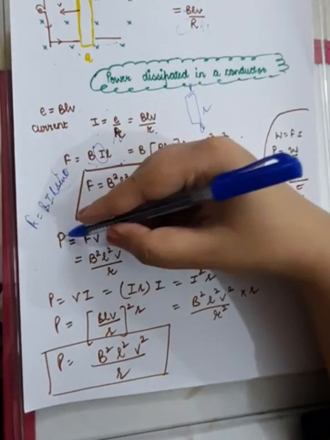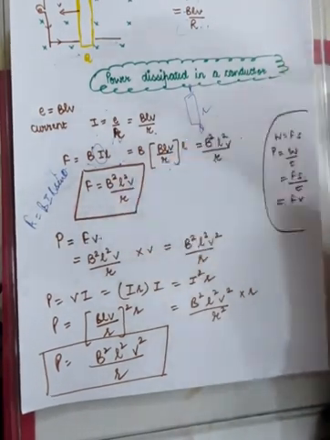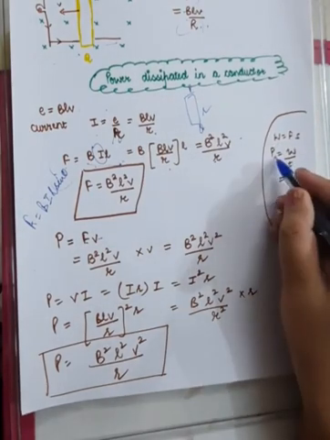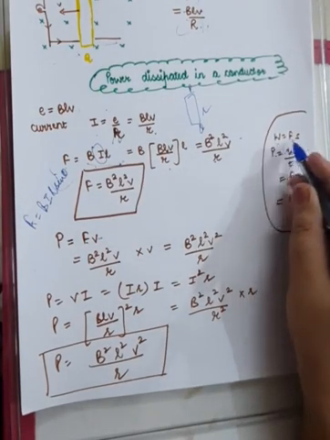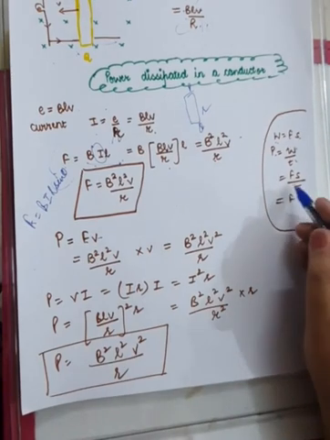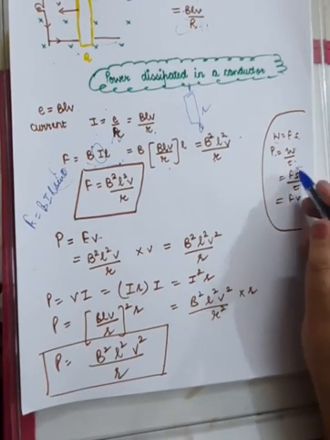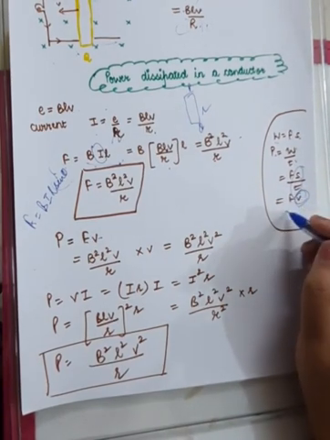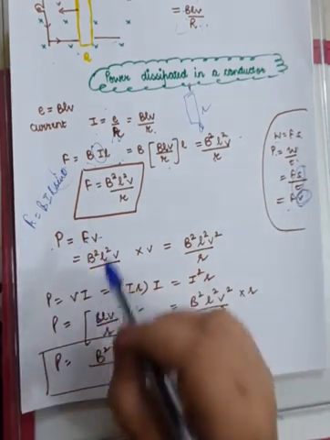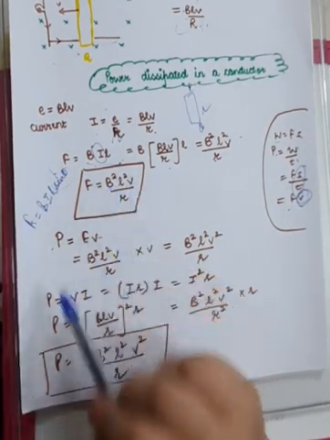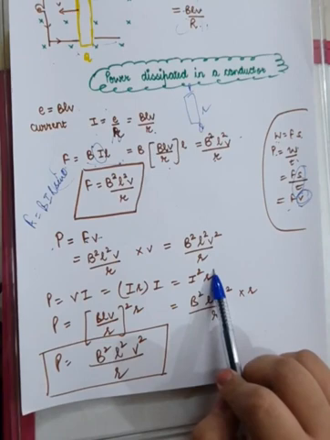What is the power dissipated? Power is force into velocity. See, power is otherwise work done upon time, but work done is force into displacement. So force into displacement upon time. Displacement upon time is velocity. So force into velocity is power. So put the value of force. Find out the value of power.